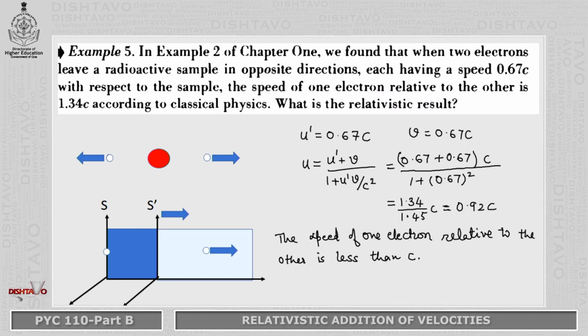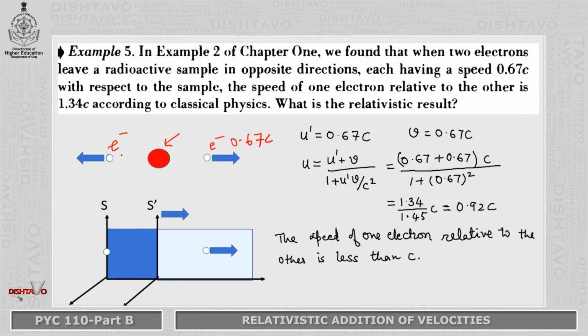Now, let us solve this particular problem. This is from Robert Resnick. A radioactive sample decays and emits 2 electrons, and the 2 electrons move in opposite directions, each having velocity 0.67 c. Classically, how much velocity does each electron measure for the other?